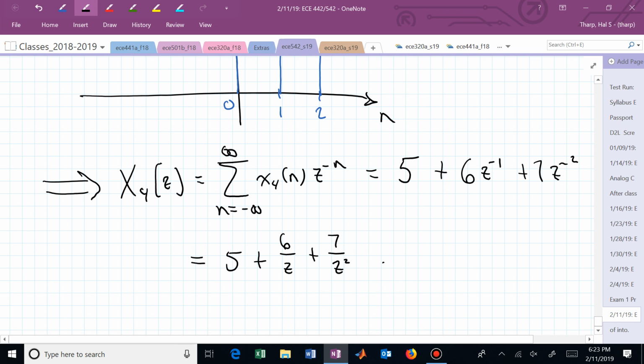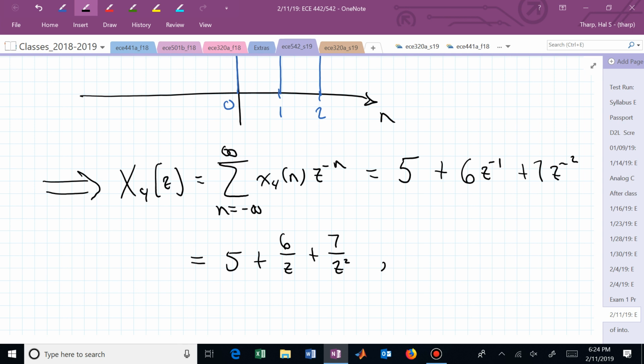And what's the region of convergence? For these finite sequences, sequences without tails, it's the entire complex z-plane except maybe for some extreme locations. Is x sub 4 of z still bounded if z goes off to infinity? Is it well behaved? Yes.